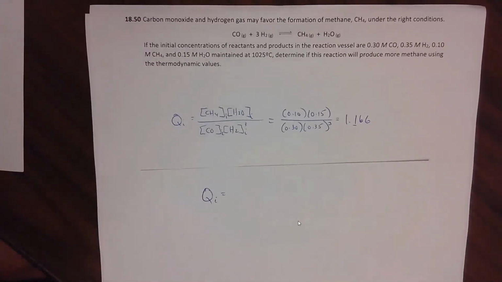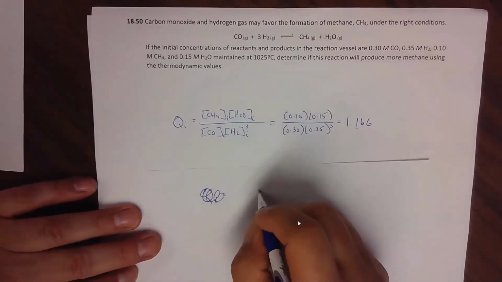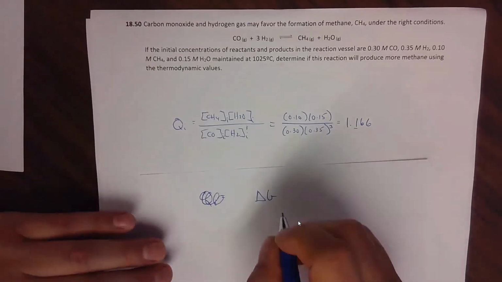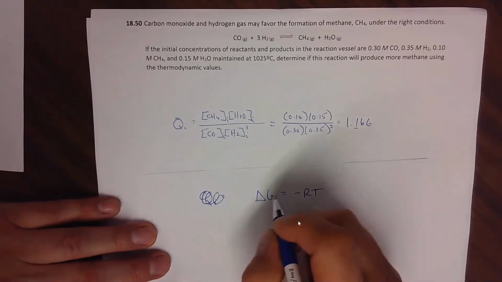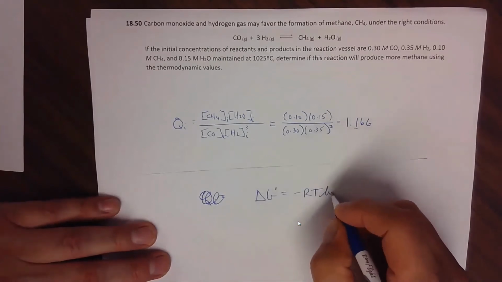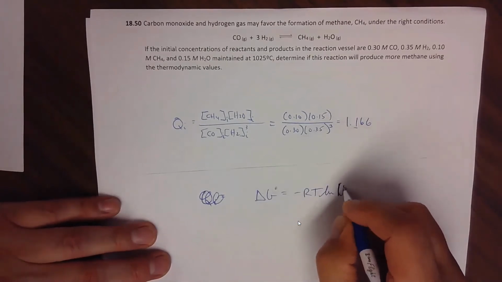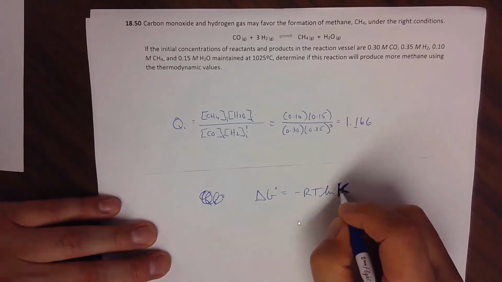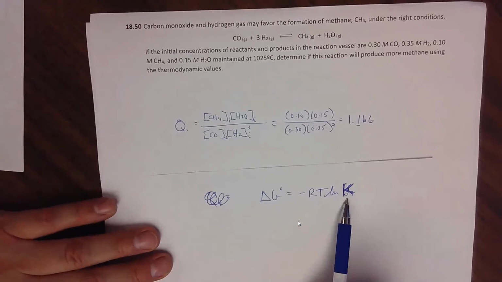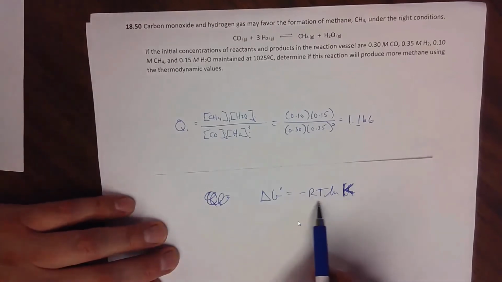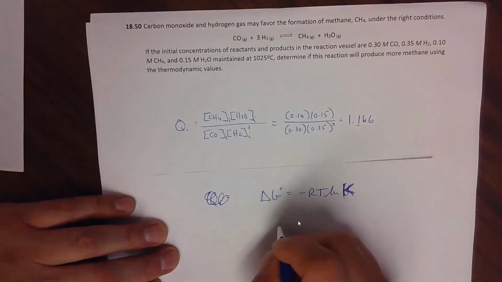Can you do delta G equals negative R constant times temperature times ln of K? Absolutely. I could absolutely do it this way, but I would need to rearrange for K, so I would divide both sides by negative RT and then take the anti-log.